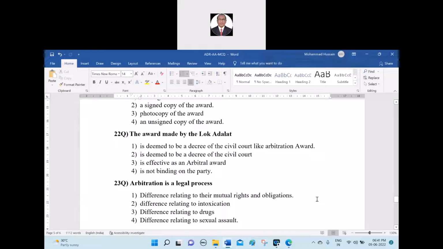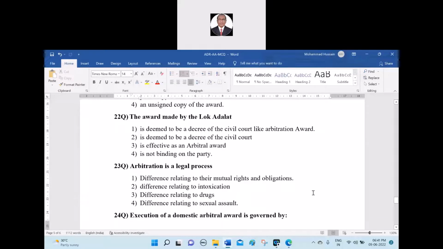Why would intoxication, drugs, or sexual assault come in the arbitral legal process? Then the answer is option 1, sir. When the others are not there, naturally the first one is the right answer. That is, the difference relating to mutual rights and obligations is the right answer. Right answer is number 1.